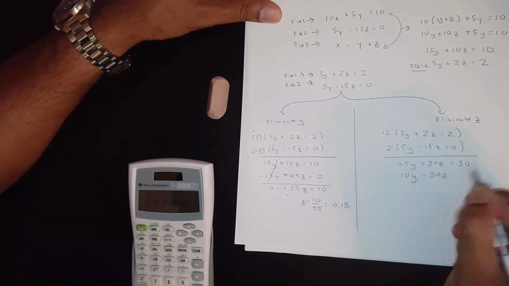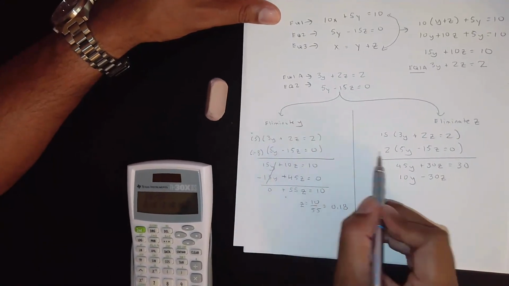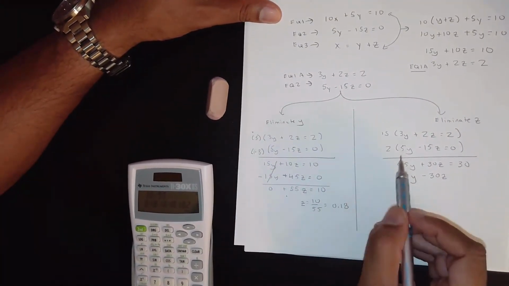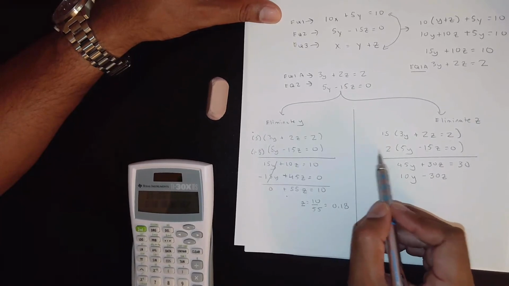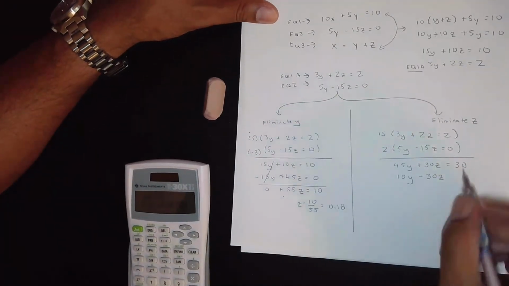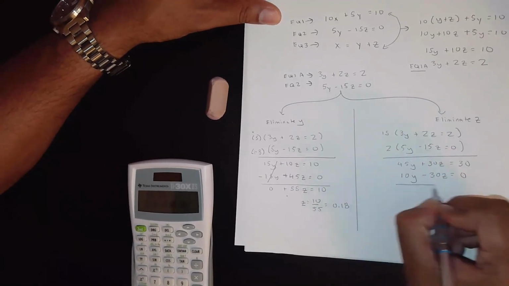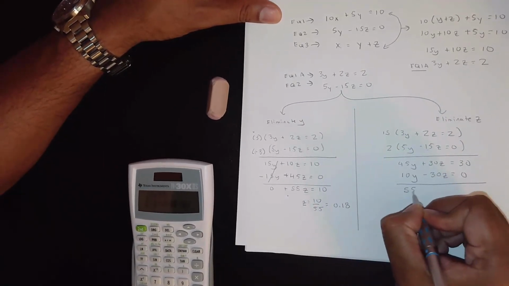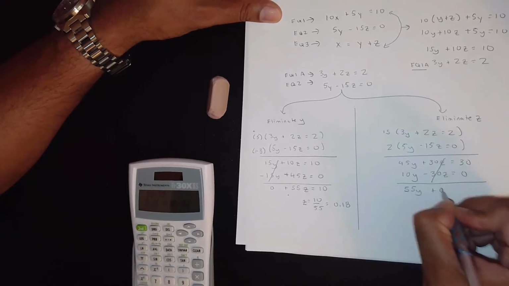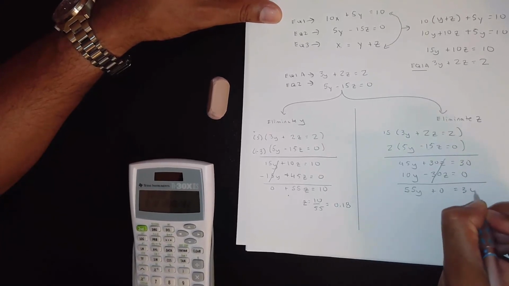See how that comes out easily? That's why you don't always flip the negatives first, right? So just do the coefficients, and if it's negative, then you put the negative. Otherwise, you really want the elimination to occur, right? 2 times 0 is equal to 0. That's, again, 55y plus 0 is equal to 30.